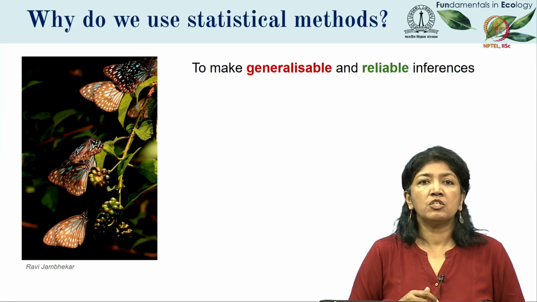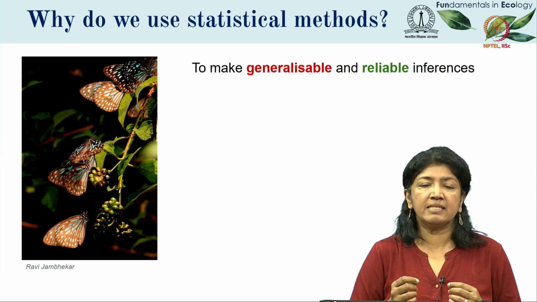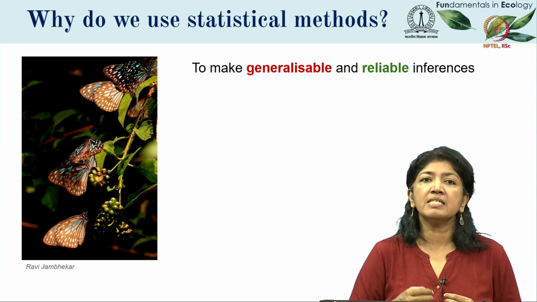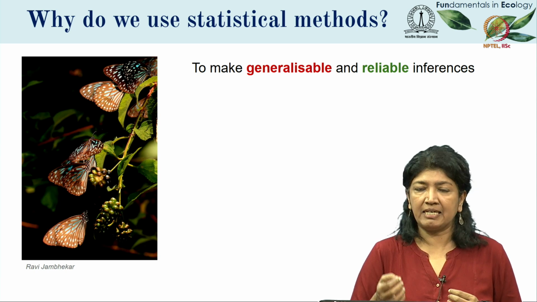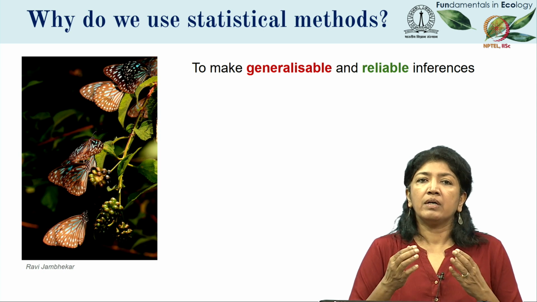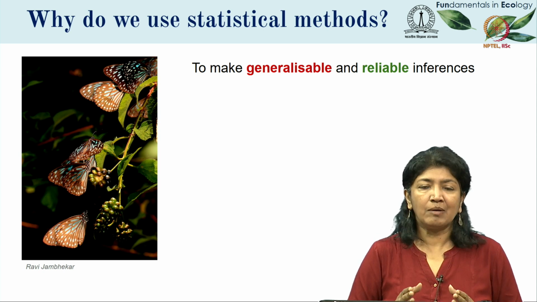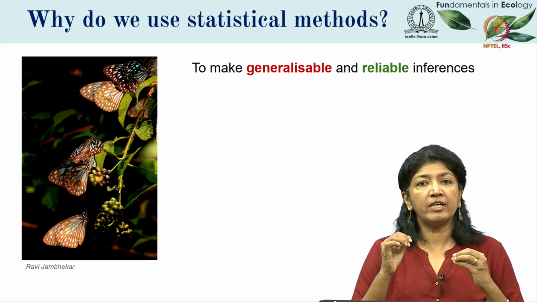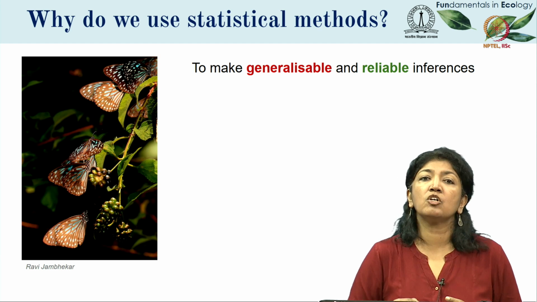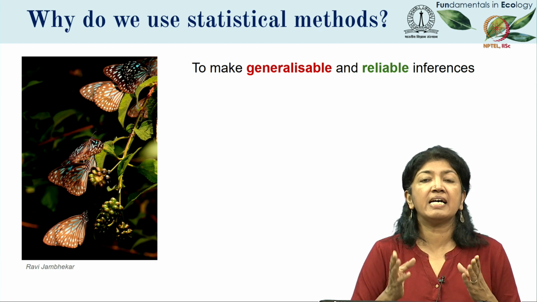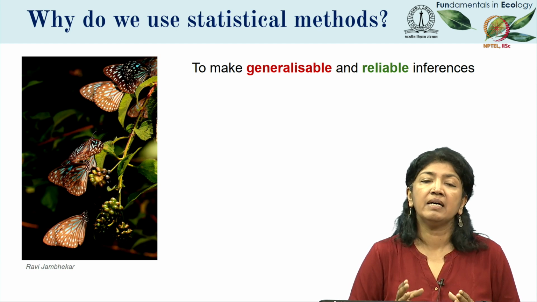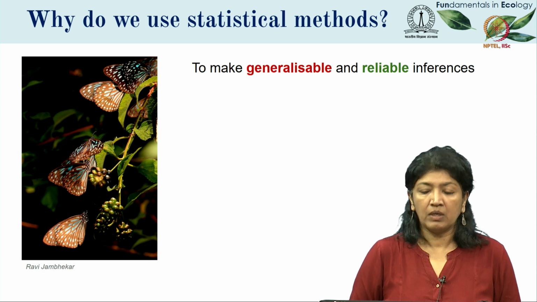Okay. So, let us go on to the first objective, which is why do we use statistical methods. Just like in the study design component, here too we use statistical methods because we want to make generalizable and reliable inferences.